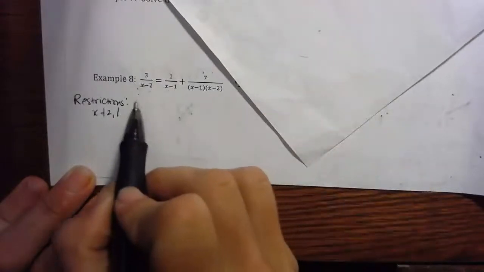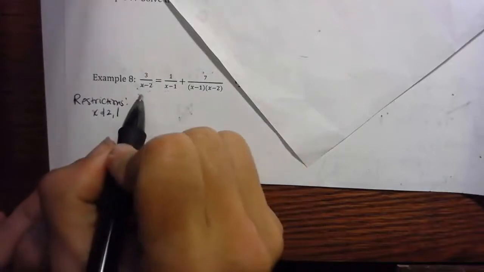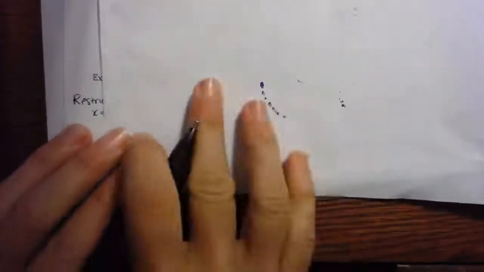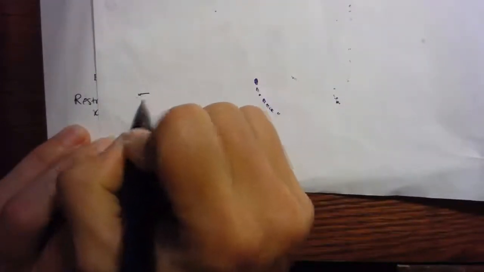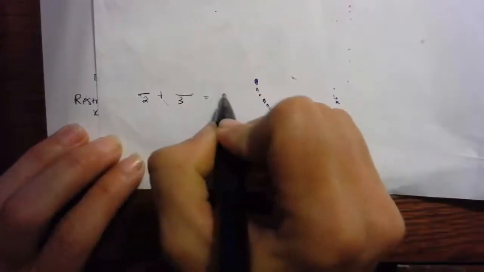Okay, so the main part here is to clear the fractions. To do that, we have to come up with the LCD. It's a similar principle to what we did before. It's something that will cancel everything. So say I have a fraction with a 2 and another with a 3.